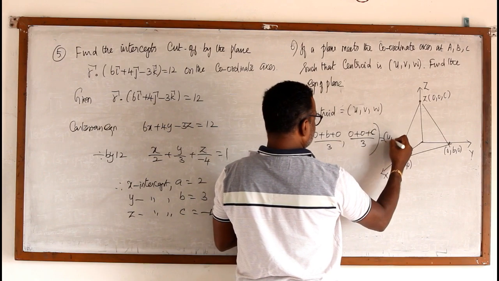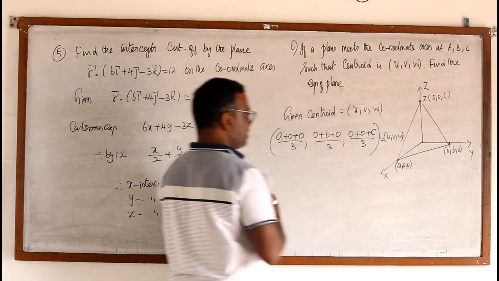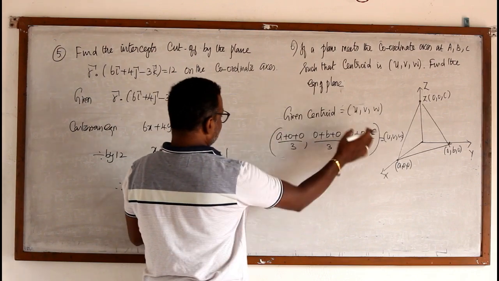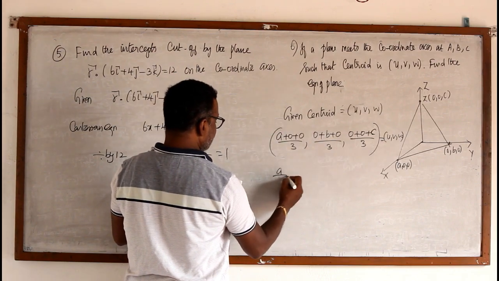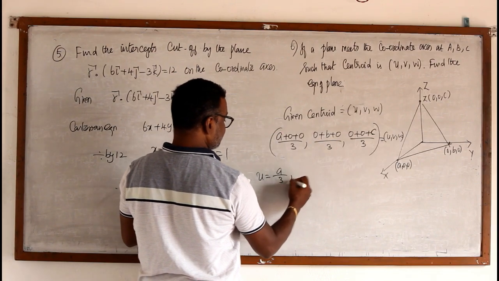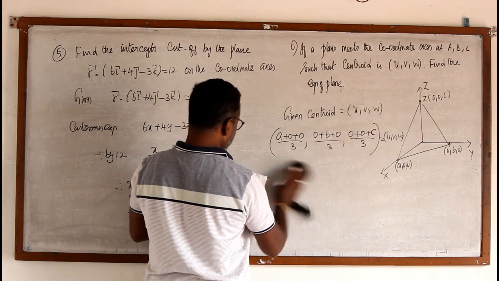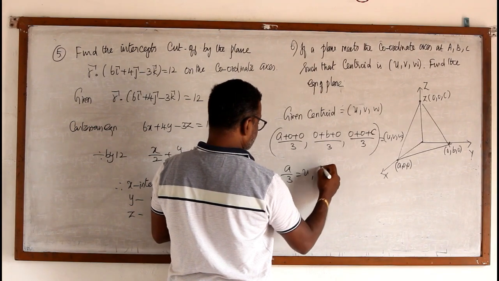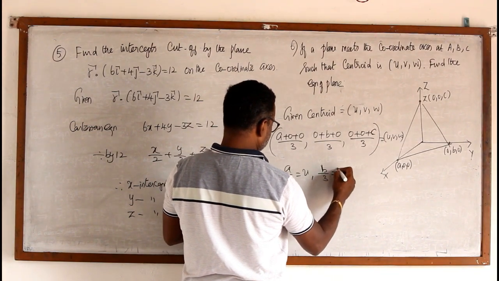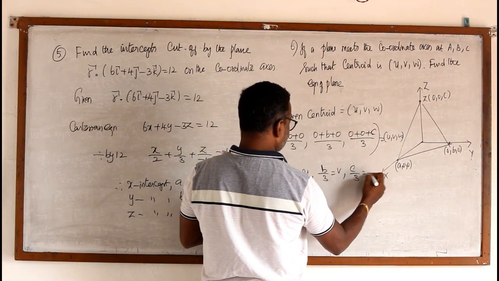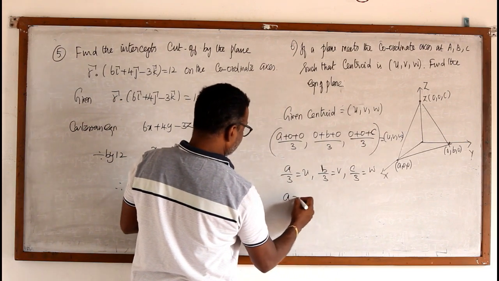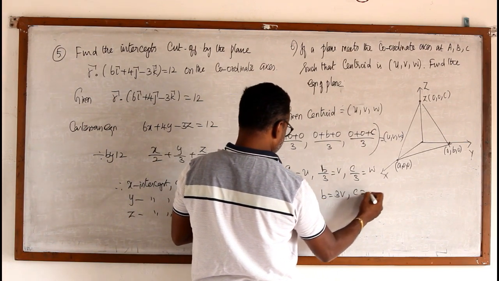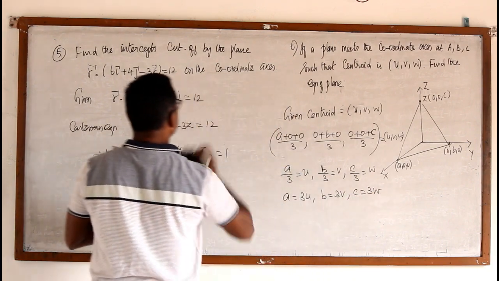This is equal to U, V, W. That is, x1 plus x2 plus x3 by 3; that is the centroid formula. Therefore, A by 3 equal to U, B by 3 equal to V, C by 3 equal to W. Therefore, A equal to 3U, B equal to 3V, C equal to 3W.